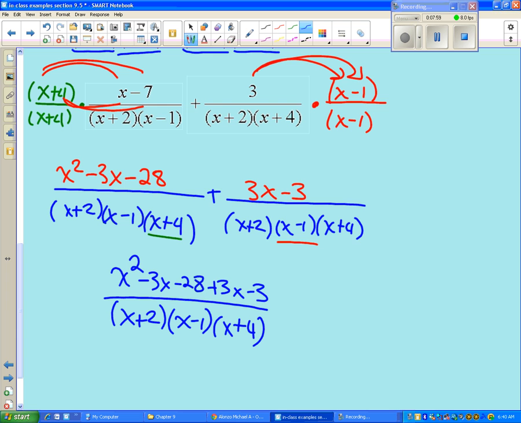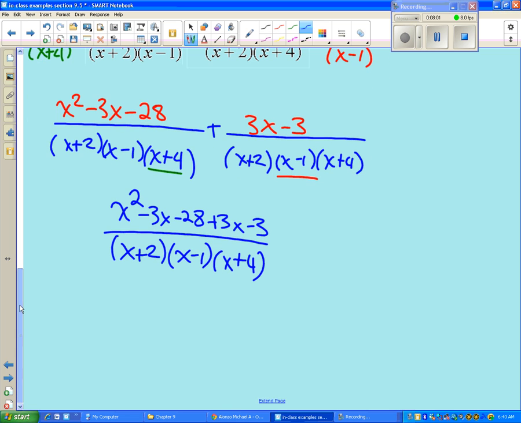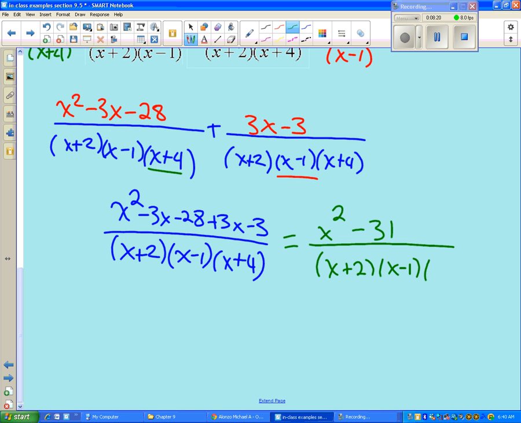We want to combine like terms. So I'm going to have x squared. Negative 3x, positive 3x is 0. So this is x squared minus 31 over x plus 2, x minus 1, x plus 4.